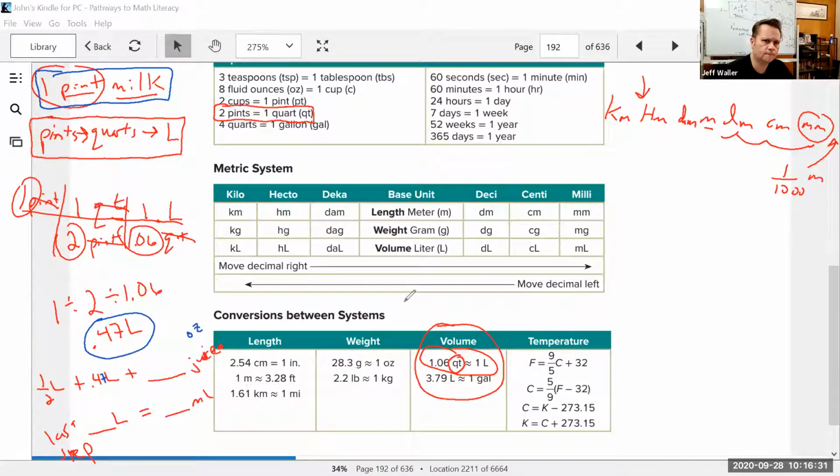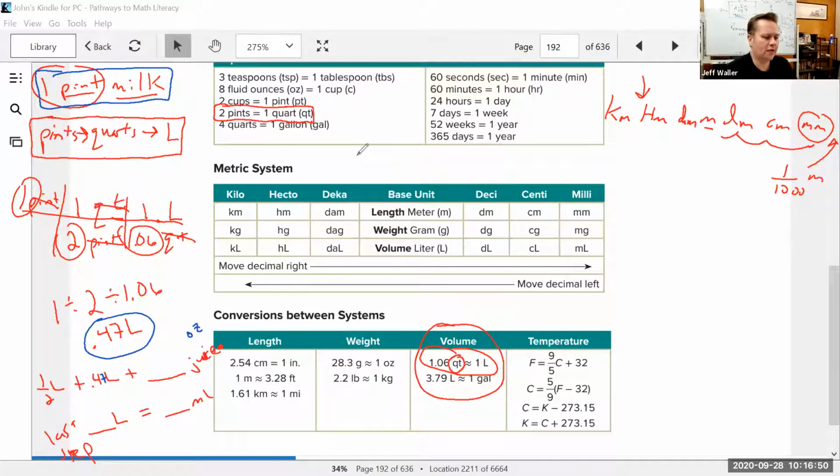I'm looking for the conversion. Figure out how many ounces go into the liter. Let me find this. How many liters go into an ounce?